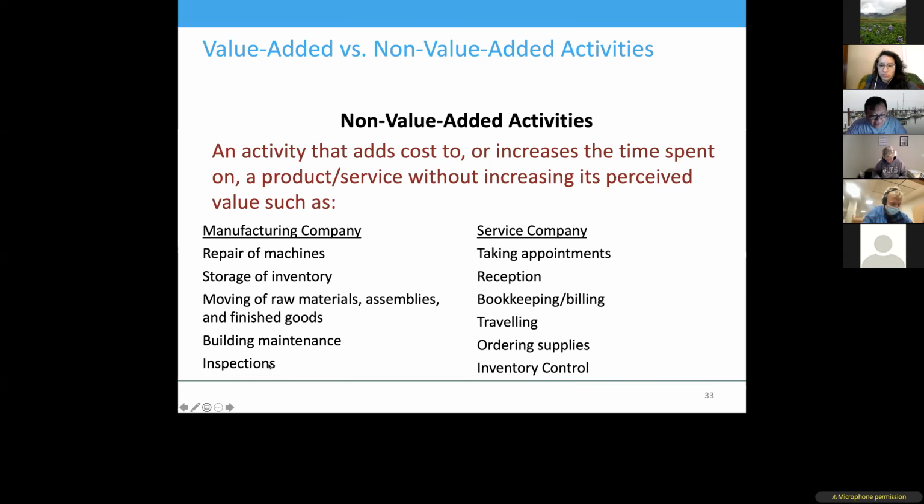Inspections. So let's say people are making iPhones. I don't know how they are doing it, I'm just making examples. And then you have the inspections. Doesn't matter how many times you inspect the product, does that add value to that product?